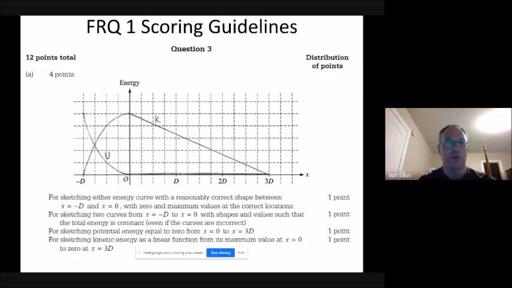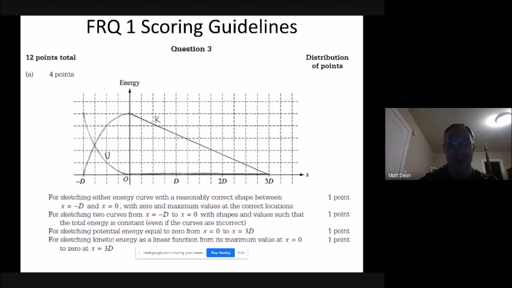So here's the rubric for that part of the question. Notice for sketching the energy curve with a reasonably correct shape between negative D and 0, you got a point. For sketching two curves from negative D to 0 with shapes and values such that the total energy is constant, meaning that we're always summing up to 4 no matter where we go, that's another point.